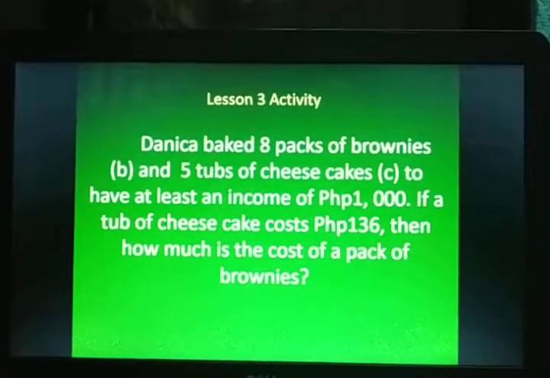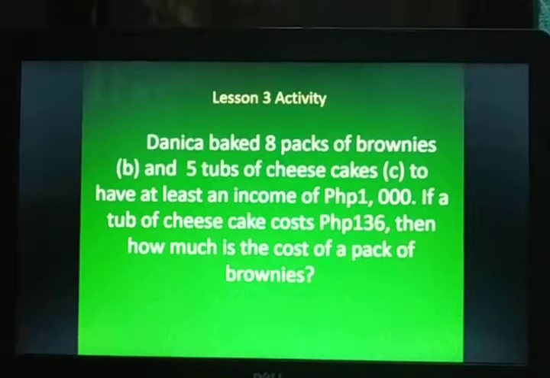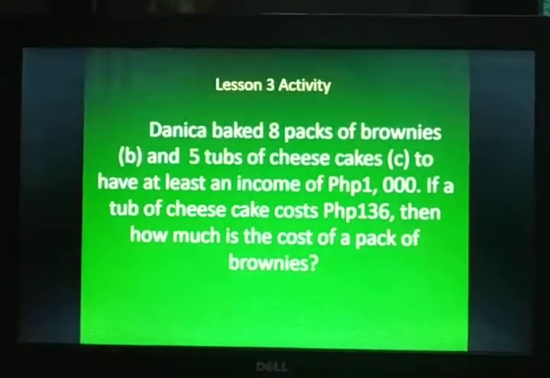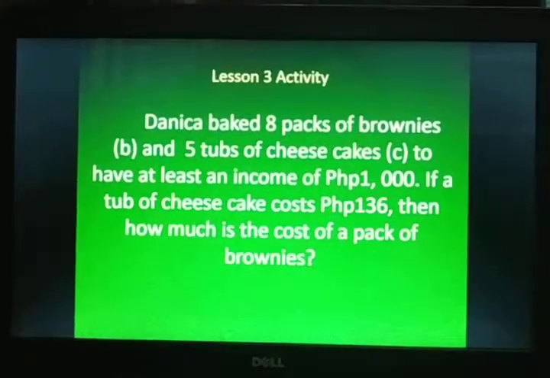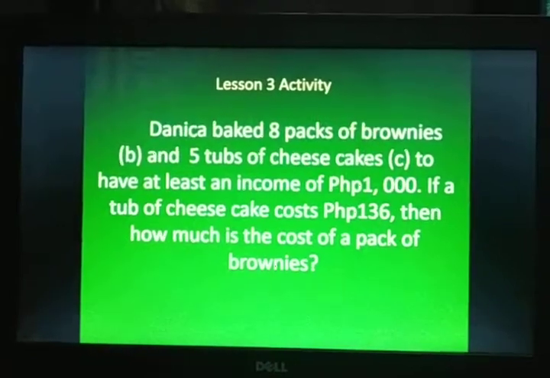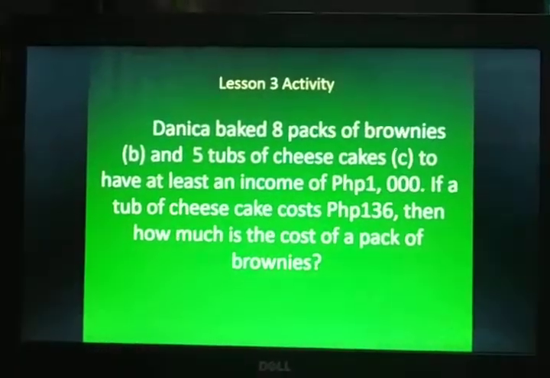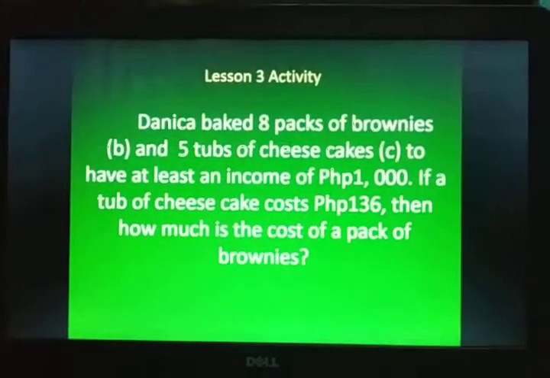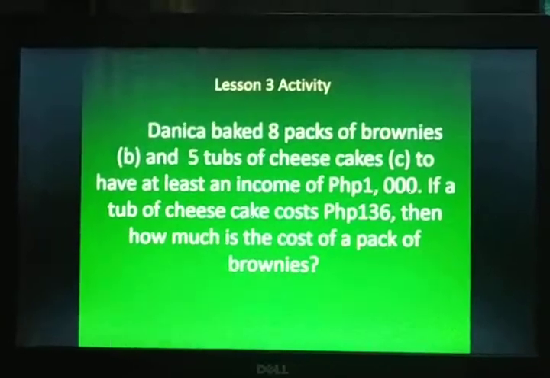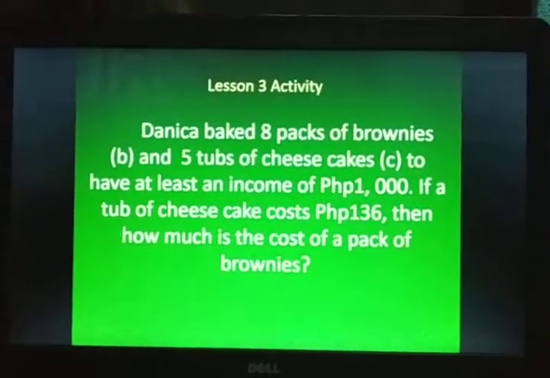Danica baked 8 packs of brownies, which is represented by B, and 5 tubs of cheesecakes, C, to have at least an income of 1,000. Okay. If a tub of cheesecake costs 136, then how much is the cost of a pack of brownies? So, you have to understand first the problem, make a mathematical statement, and then solve for the cost of a pack of brownies. Take note, the word at least, what linear inequality symbol is used for the word at least? Okay, thank you very much.